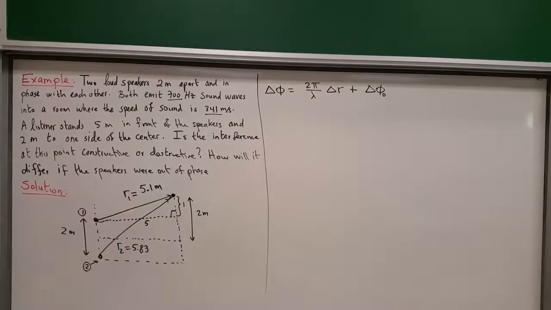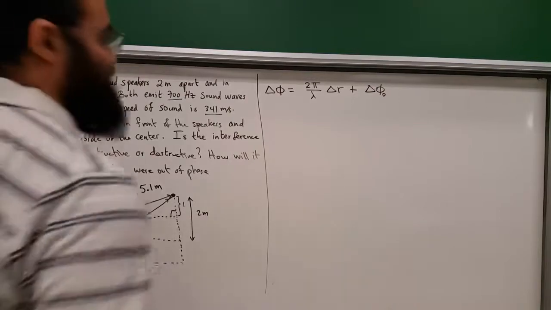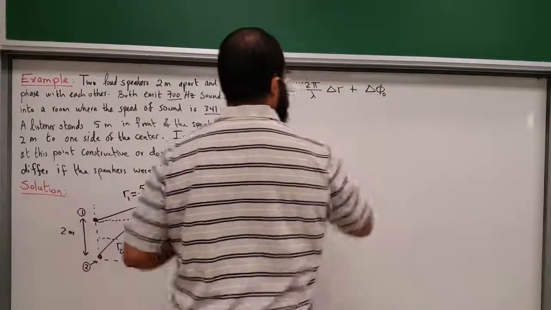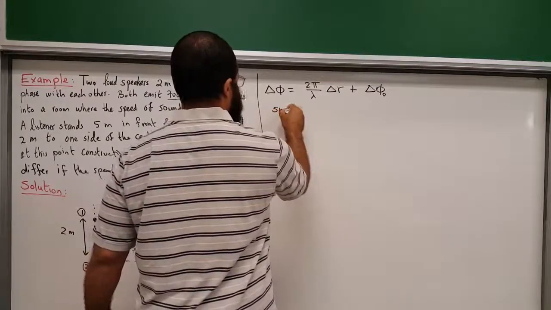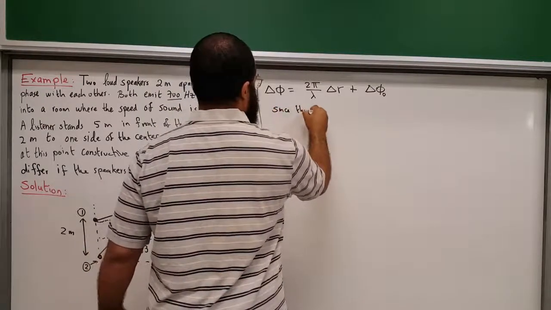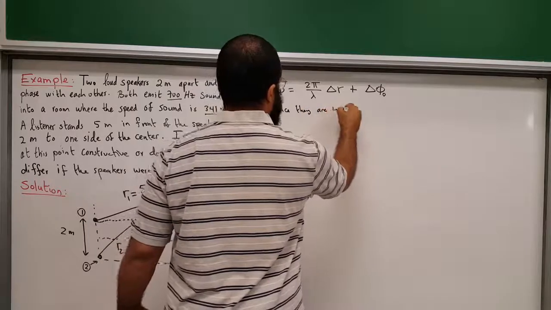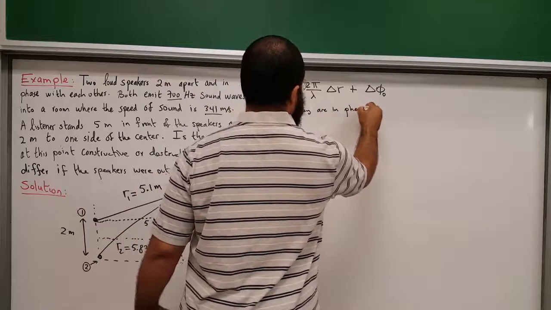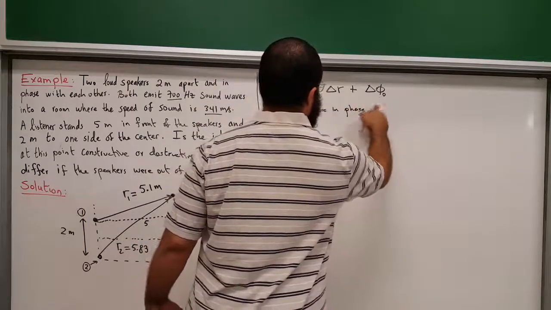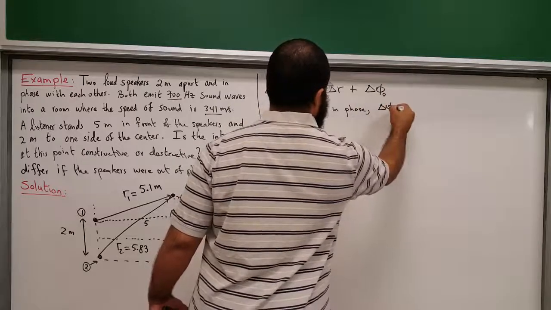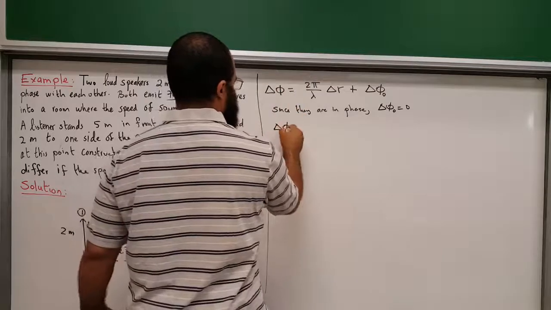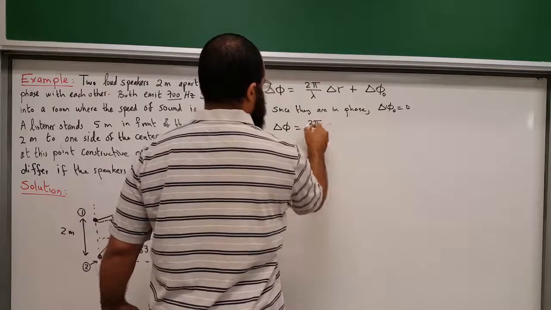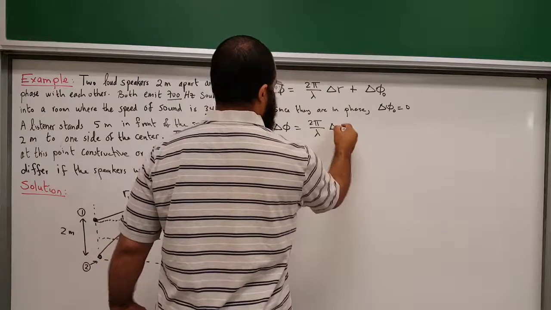Delta phi 0 is the phase of the first minus the phase of the second, but if they are in phase, it means they don't differ, so delta phi 0 will equal 0. So we get delta phi equals 2 pi divided by lambda times delta r.